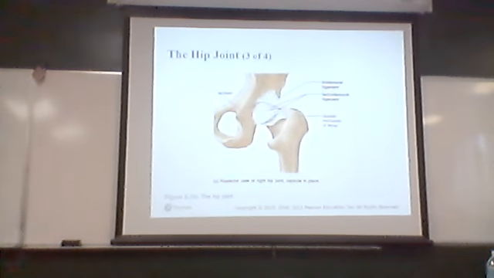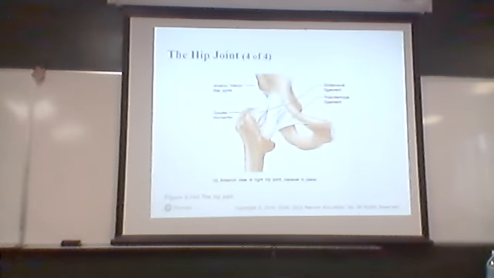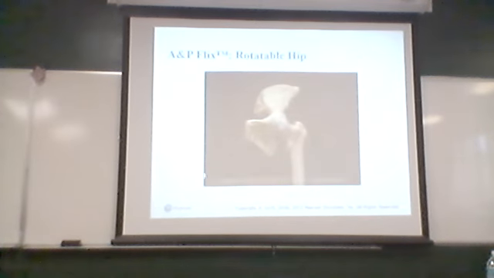So you have three strong, dense regular bands on the front and on the back, trying to hold this together. And the ligamentum teres, which is slack most of the time, runs from the fovea capitis on the head into the hip bone, the coxal bone.